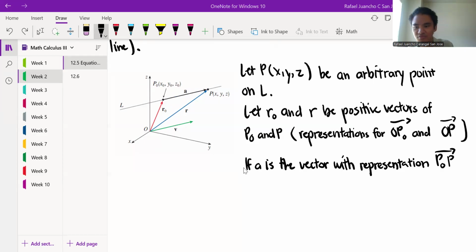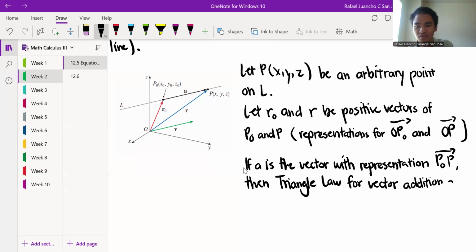Then you have the triangle law. Triangle law for vector addition. This gives us, what does it give us?